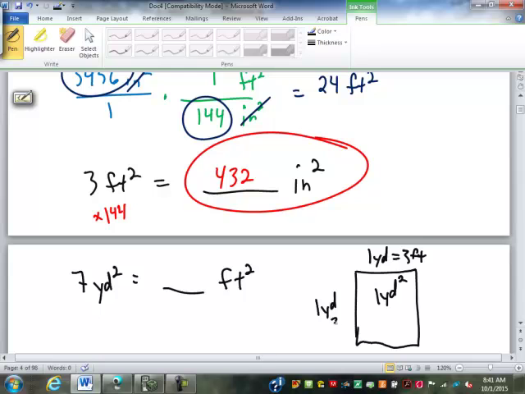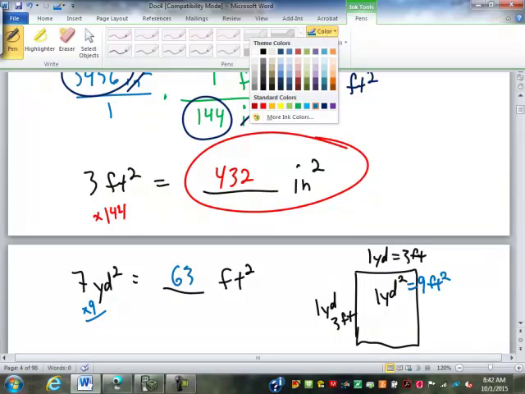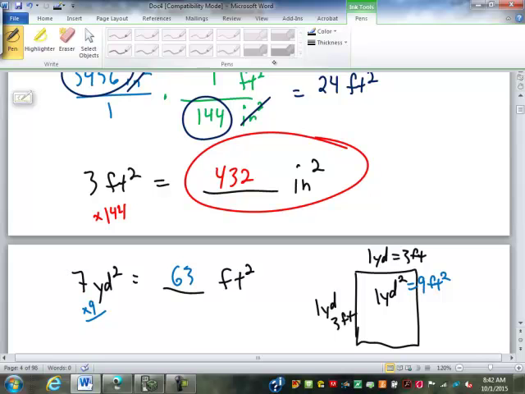So that's going to be 3 feet by 3 feet. And 3 times 3 is 9 square feet. So each square yard becomes 9 square feet. Because the units are squared, the conversion factor, again, is squared. So instead of times 3, it's going to be times 9. This is 63 square feet. Any questions?